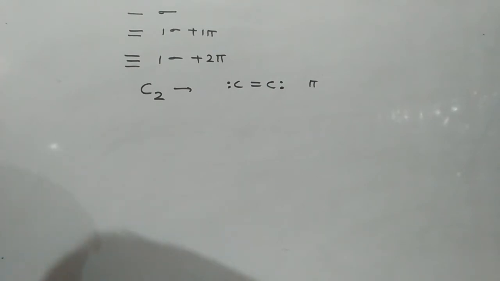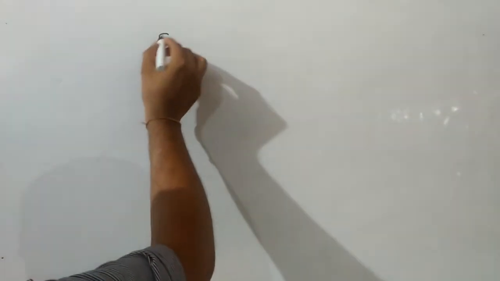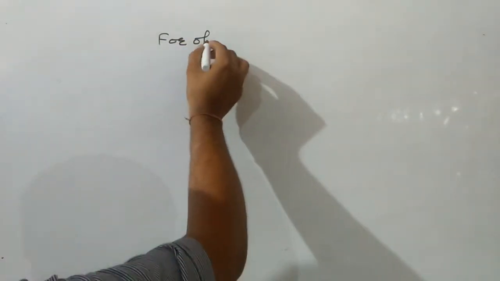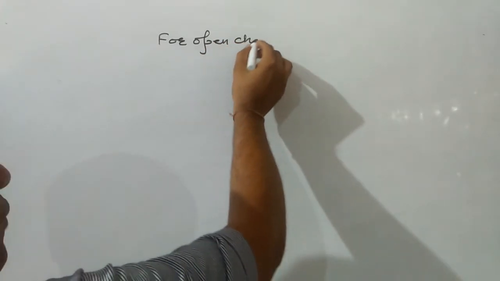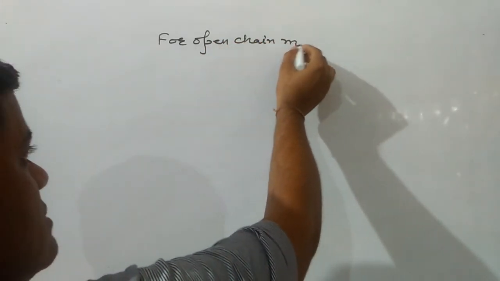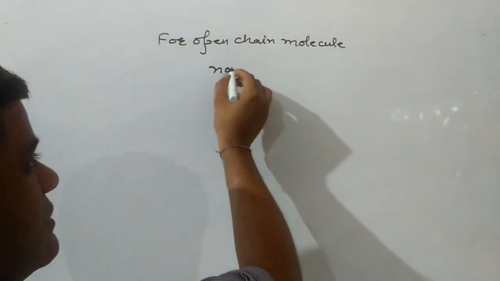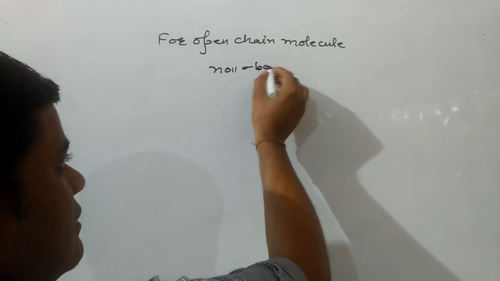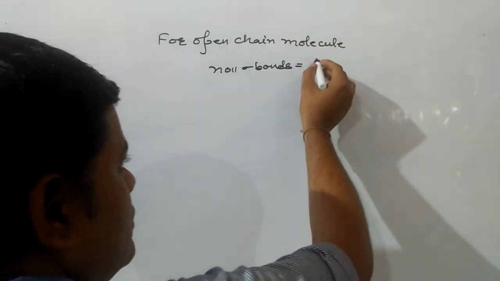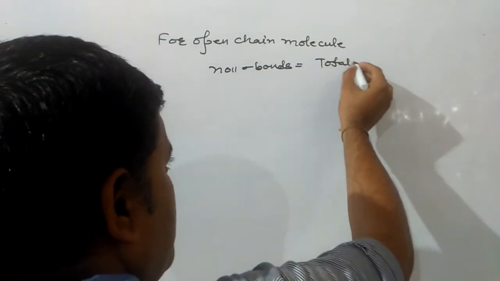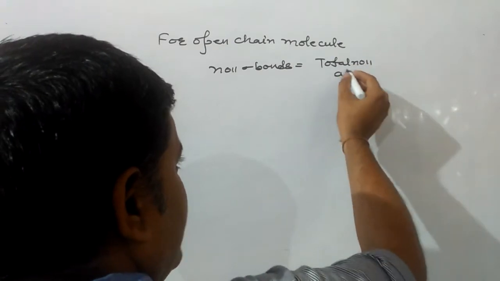After this, we have discussed the formula for finding the number of sigma bond and pi bond. The first case will be for an open chain molecule. For an open chain molecule, the number of sigma bonds will be equal to the total number of atoms minus 1.